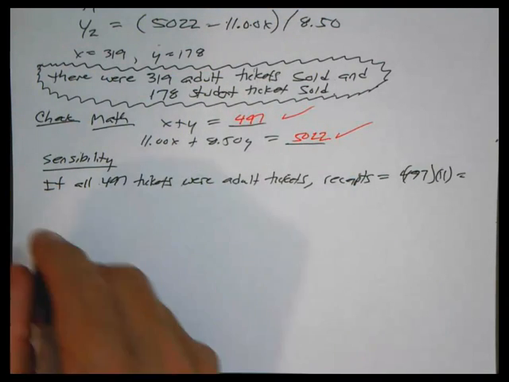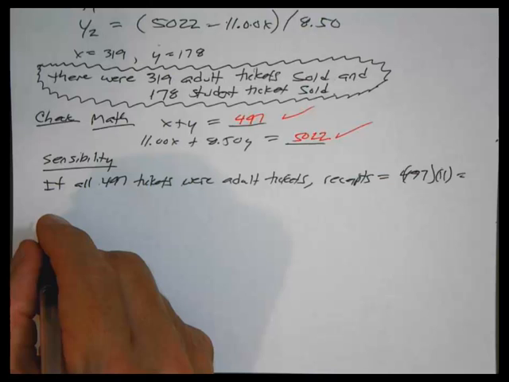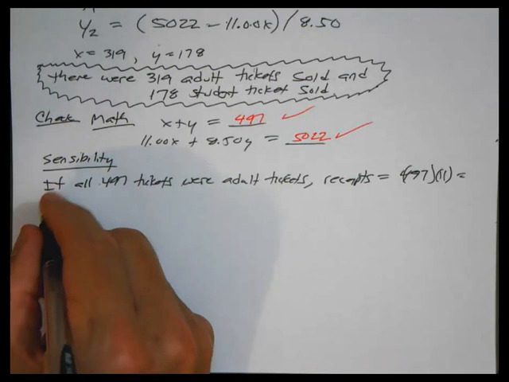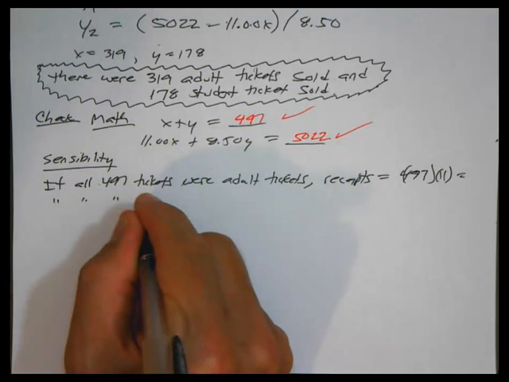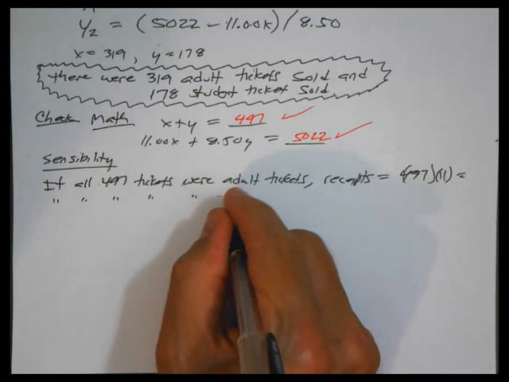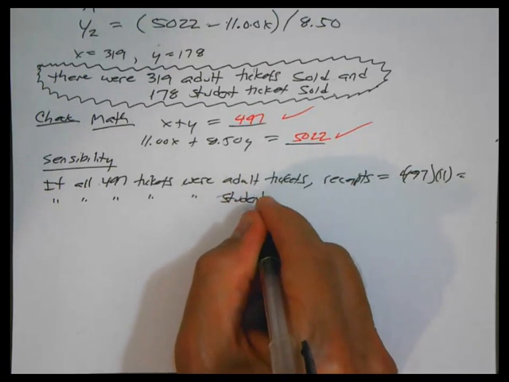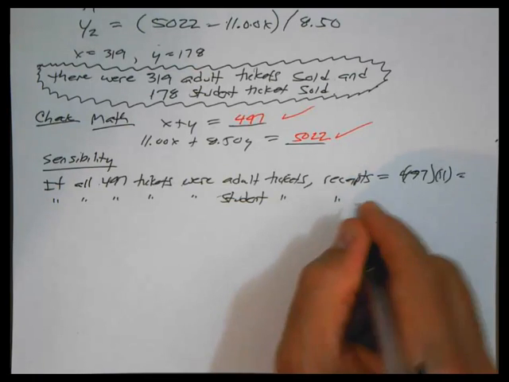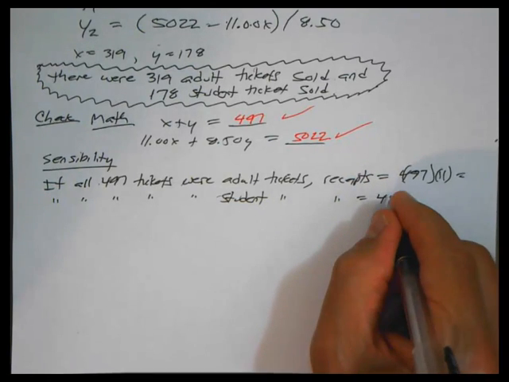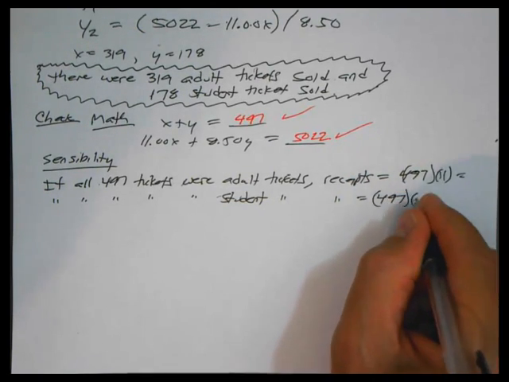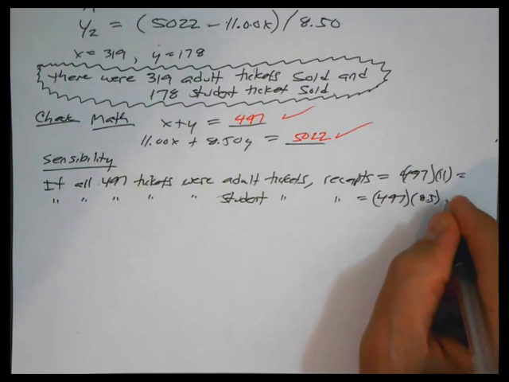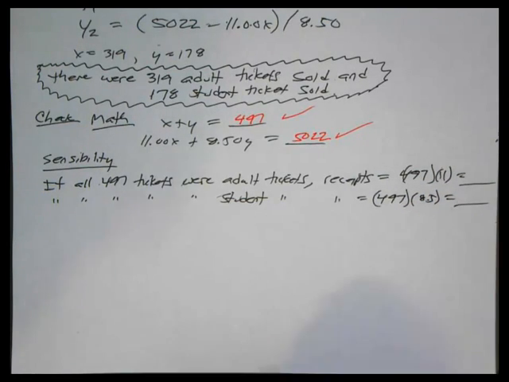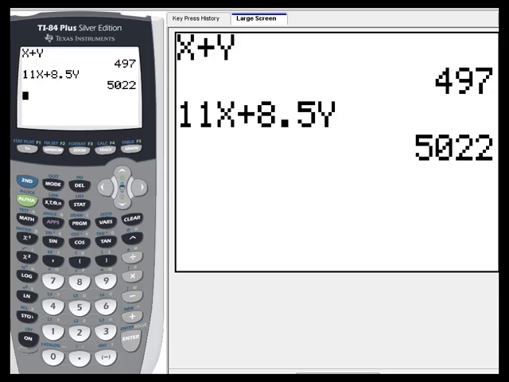The other, a simple case, also an extreme case, how about if all 497 tickets were student tickets? The receipts in that case would equal, now we'd have 497 times 8.5, and we can get a number there in the calculator.